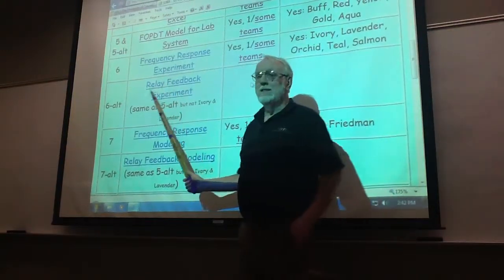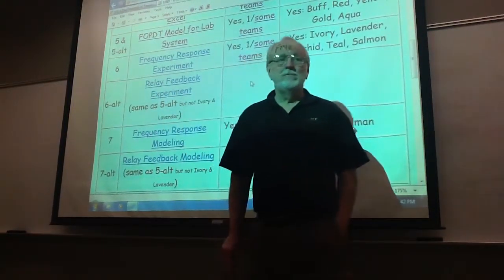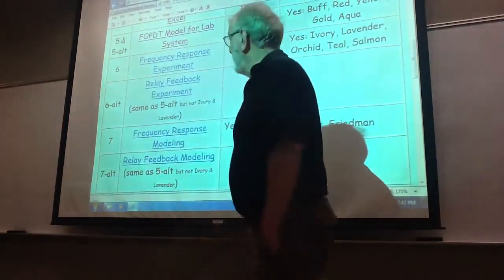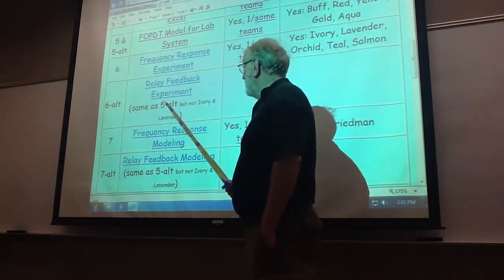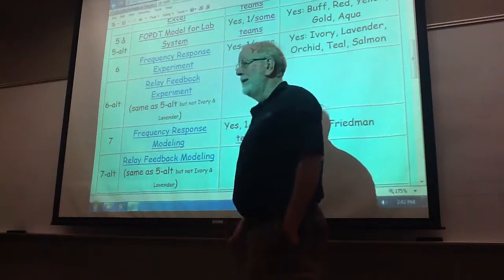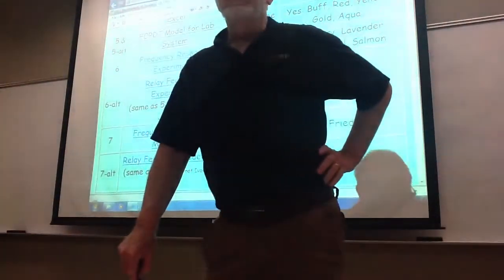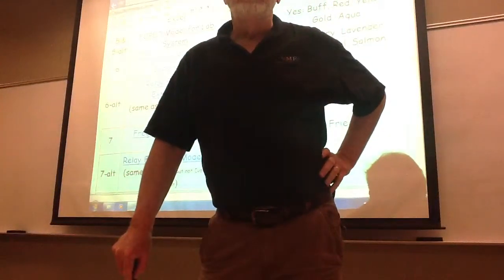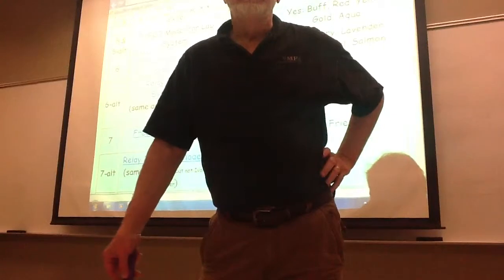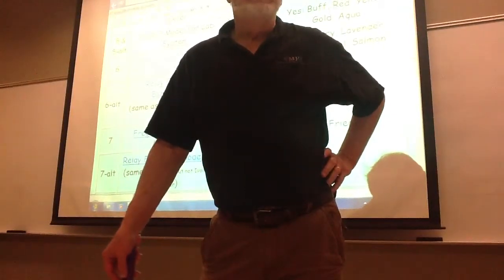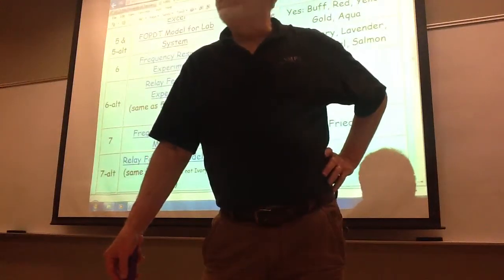Which many of you do, and then the relay feedback experiment, which some of you will do. And let me see, how are we going to decide who does the alternate method? Nobody does the alternate.